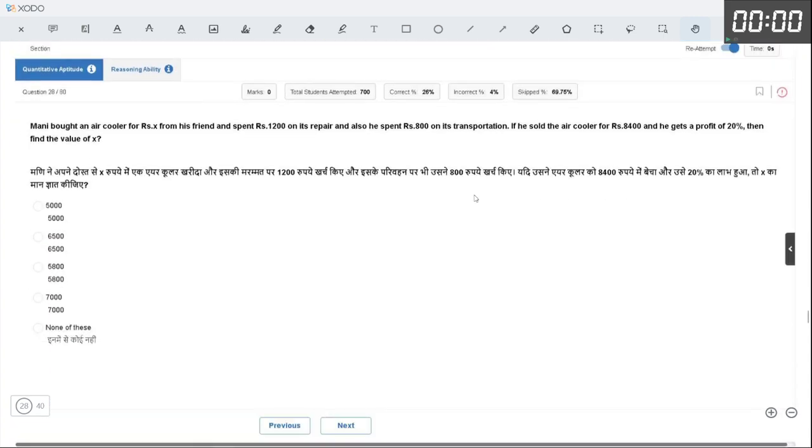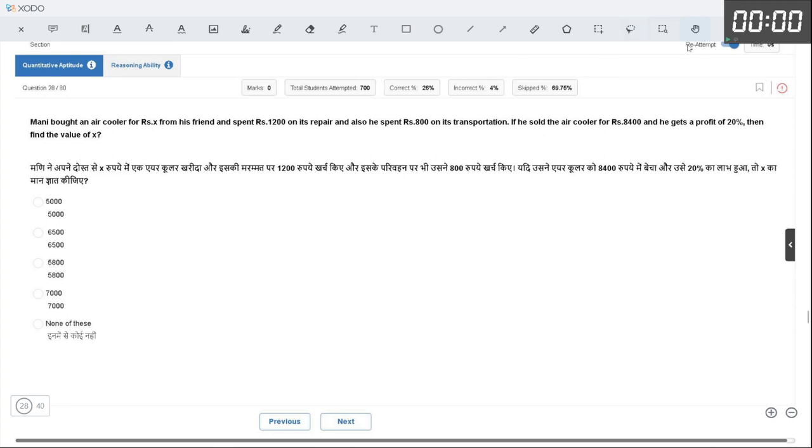So this is the next question. He bought a collar with X rupees and spent 1200 on repair and also 800 on transportation. So how much is the total cost for him to buy the collar? His cost price is X plus 2000, right? And he sold the collar at 8400.